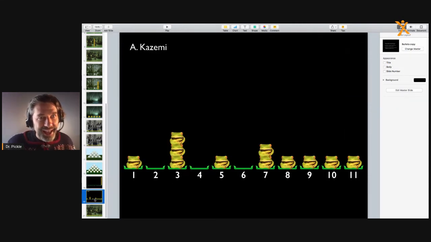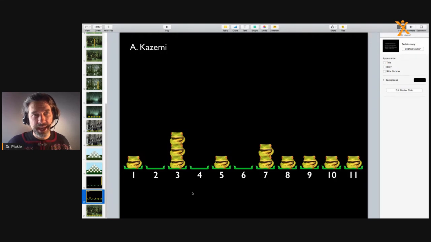Okay, A. Kazemi suggested that this was a puzzle that could not be solved. So remember, one of the challenges, and the challenge that I was most interested in, was if you allowed your opponent, or if you're allowed the frogs to make 3 really bad moves, can it always still be solved?